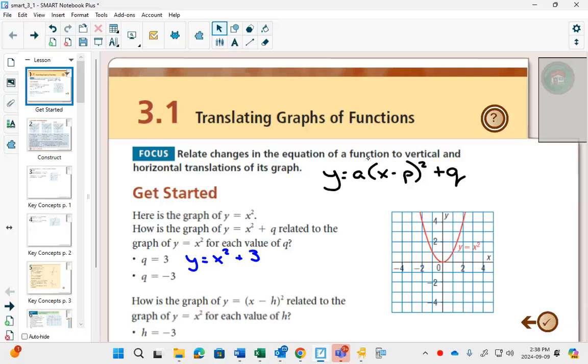So if you were asked to graph this using the math you learned in grade 11, you would say, oh, there's nothing other than the x being squared, so then my P is 0 and my Q is 3, so my vertex is at 0, 3, and I would know that point. Then a standard parabola goes over 1, up 1, so you'd be like, I also know those 2 points. And then it would go over 1, up 3, so you'd have 2 more points up there, and you'd be able to draw your parabola.